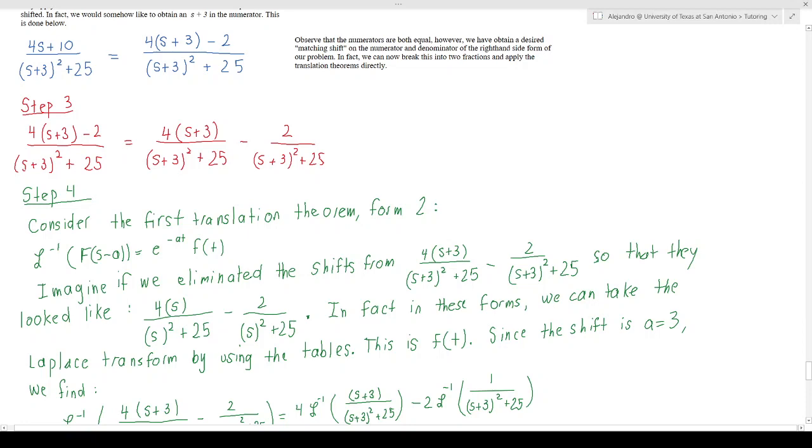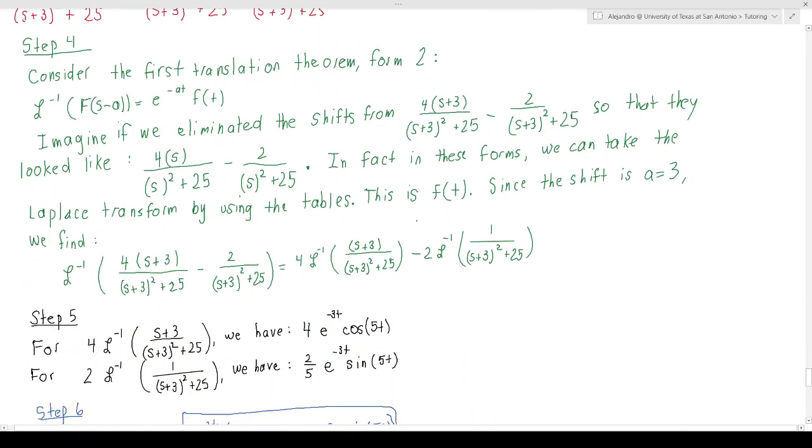And we can find f of t because we have big F of s. And the inverse Laplace transform of big F of s is in fact f of t, which is what we need. So here we reiterate that a is equal to negative 3, and we'll need that in the translation theorem as well.